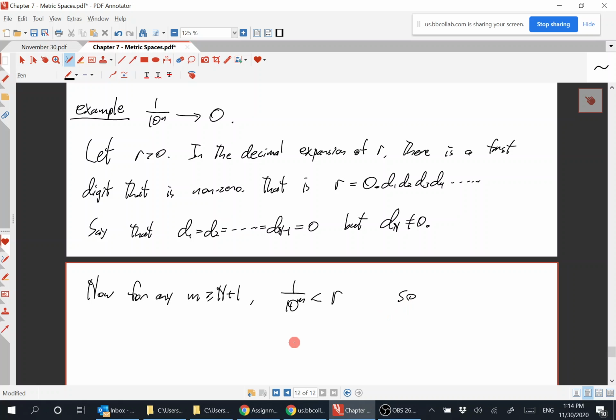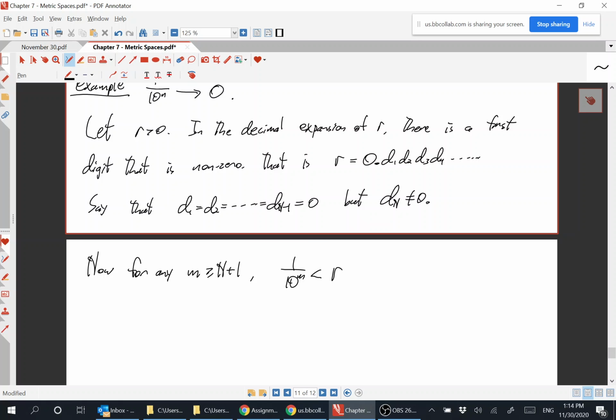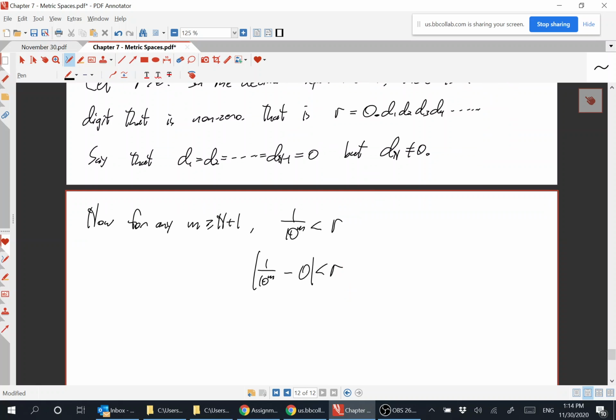So that's the distance to 0: 1 over 10 to the m minus 0 is less than r, as required.